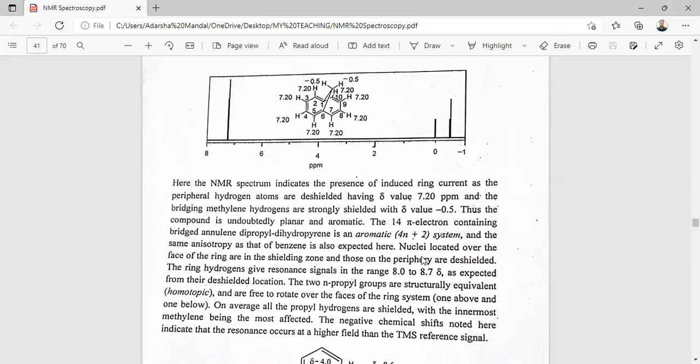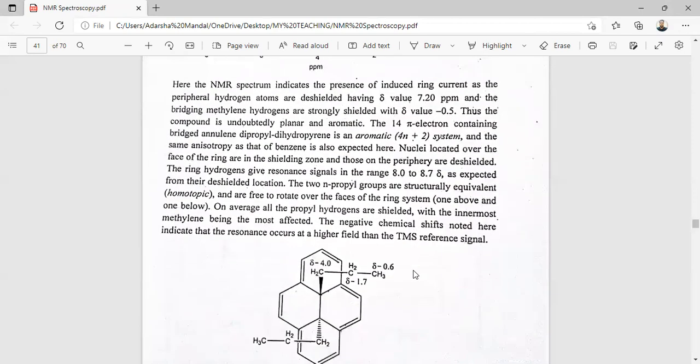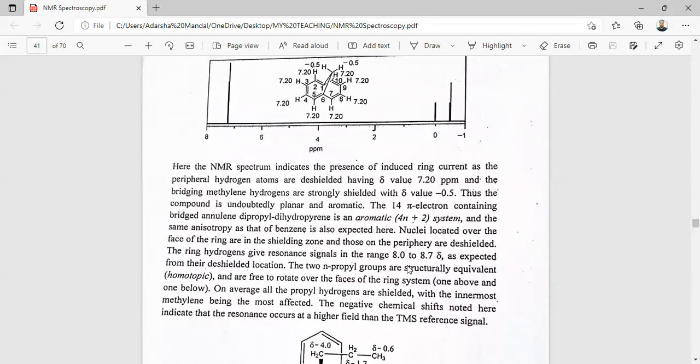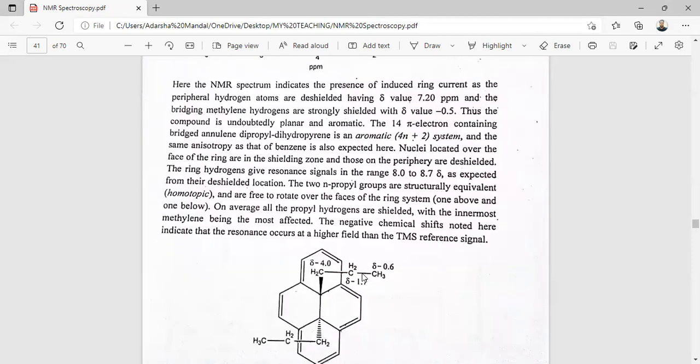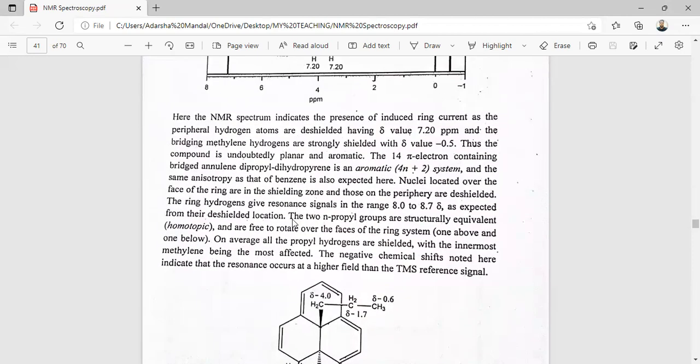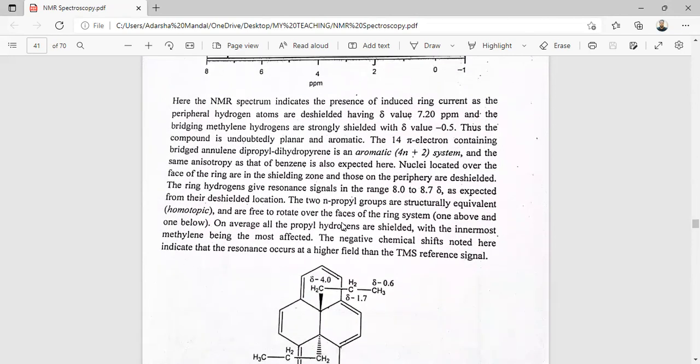So nuclei located over the face of the ring are in the shielding zone. Those on the periphery are deshielded. The ring hydrogens give resonance signals in the range of 8.0 to 7.8 ppm, as expected from their location, and the two propyl groups are structurally equivalent, and they rotate over the face of the ring, one above and one below.